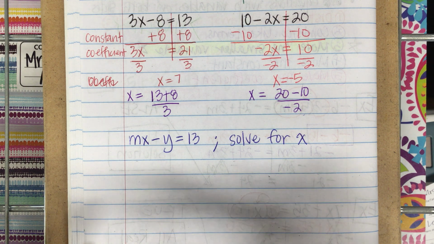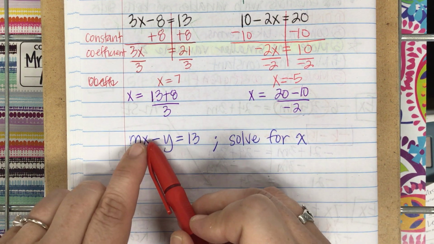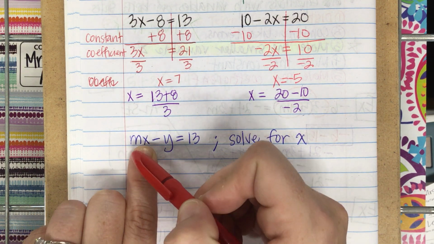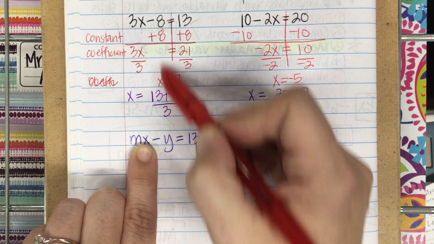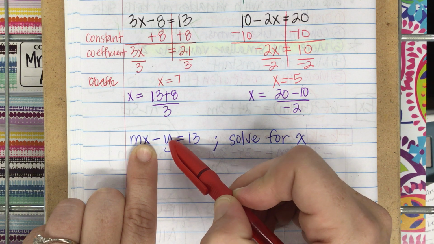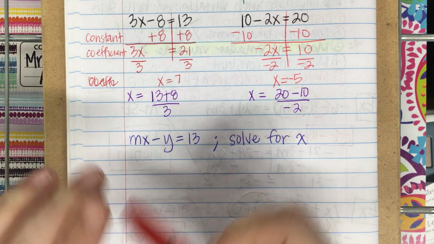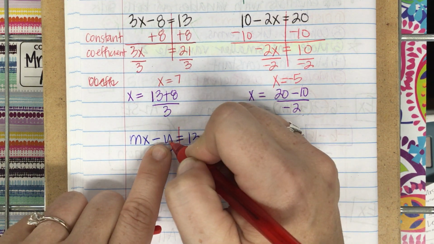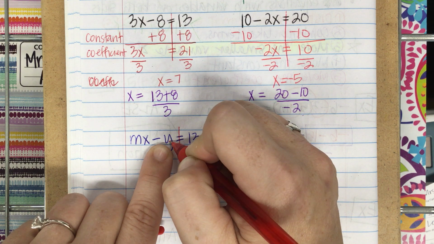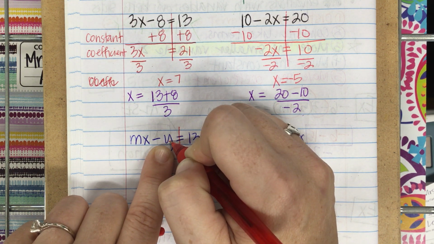If I gave this the number 3, and I gave this the number 8, could I solve it? Yeah. This is my constant, right? How do I know that y is my constant? Because it's by itself.